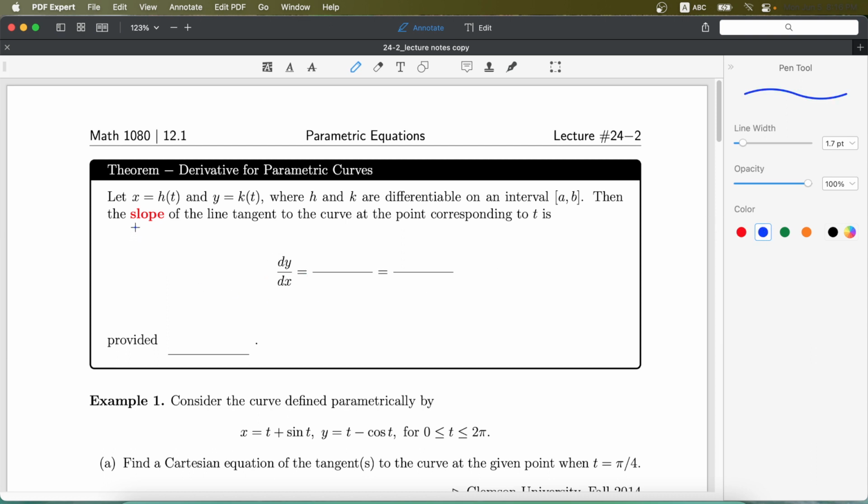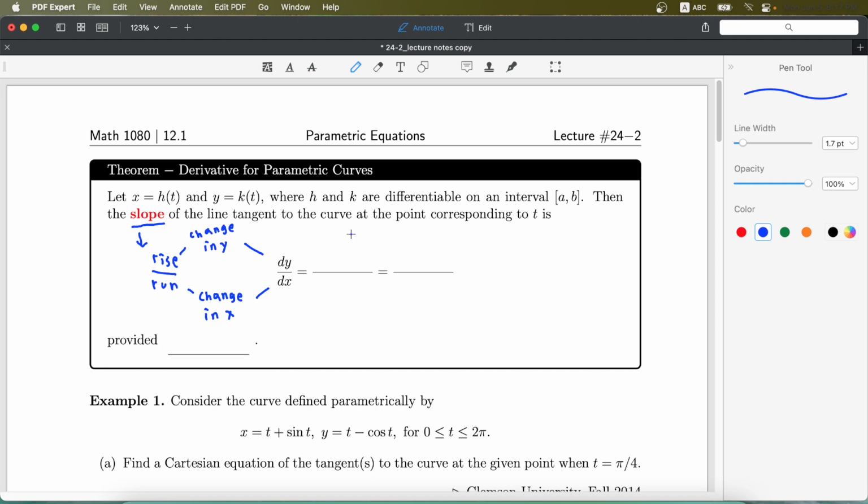Notice that the slope is always rise over run, where the rise means the change in y and the run means the change in x. That's why we always have dy over dx, the change in y over the change in x.